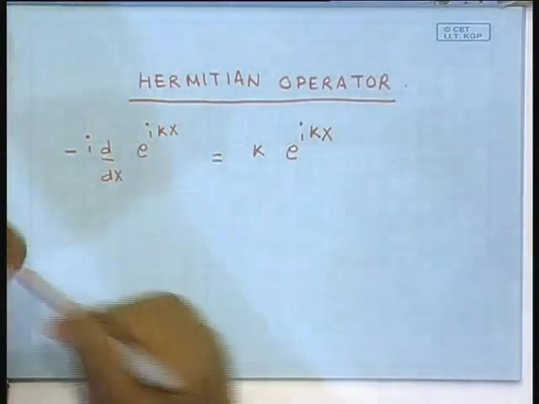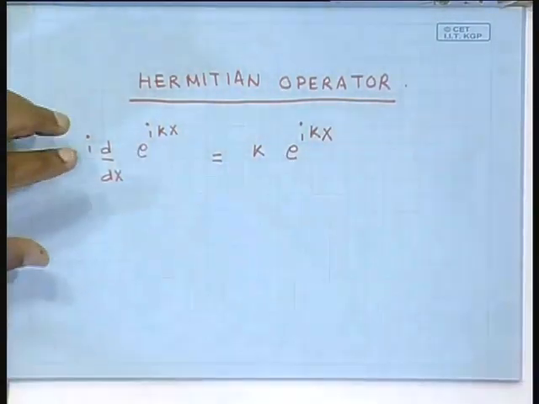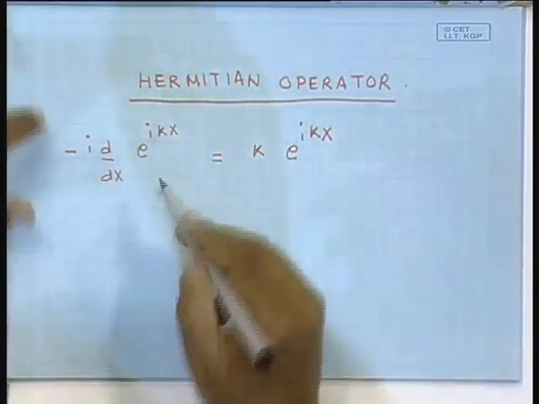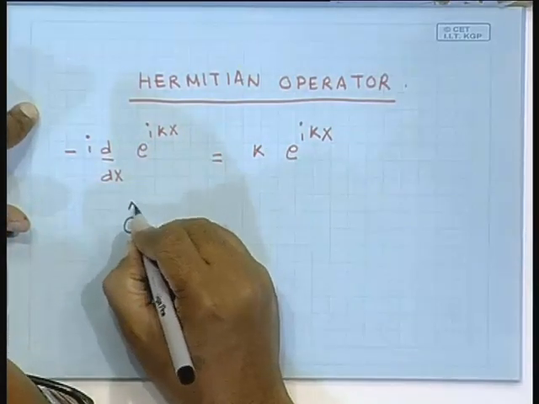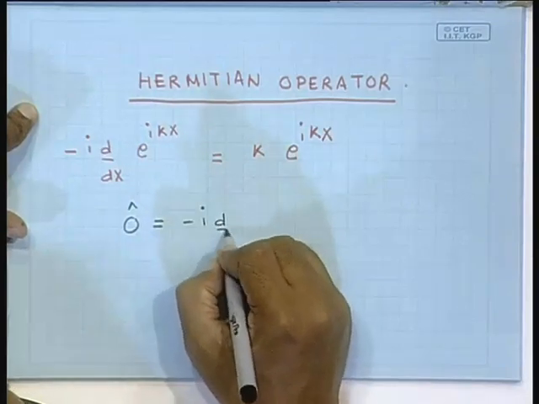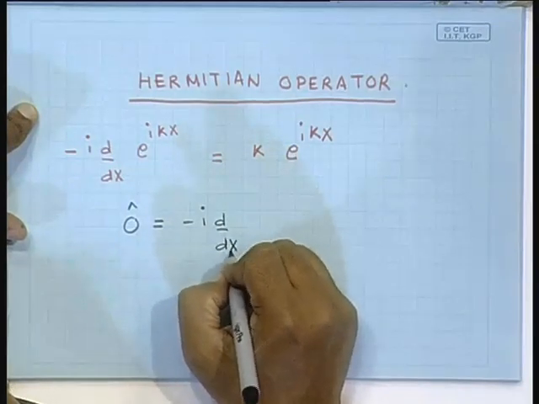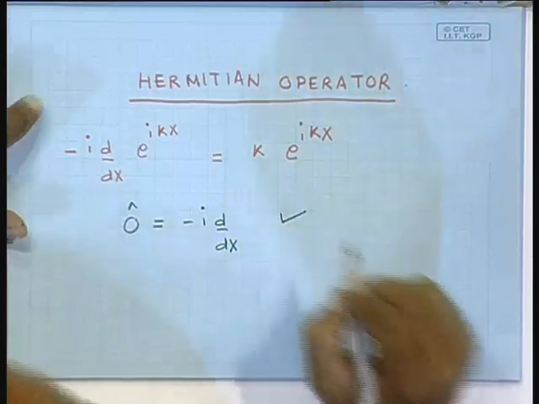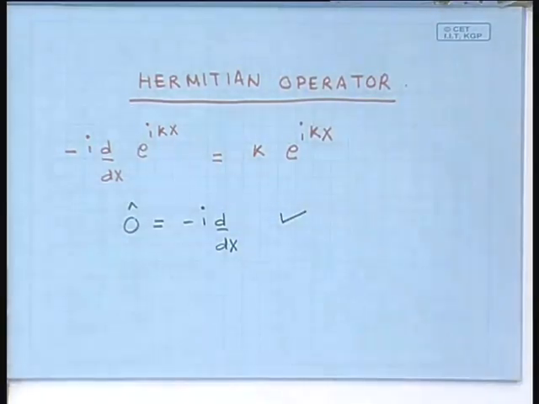So, what we see is that this operator O, defined as minus i d by dx, is Hermitian because its eigenvalues are all real, and you can check that it has no imaginary eigenvalues. I could also give you an example of an operator that is not Hermitian.